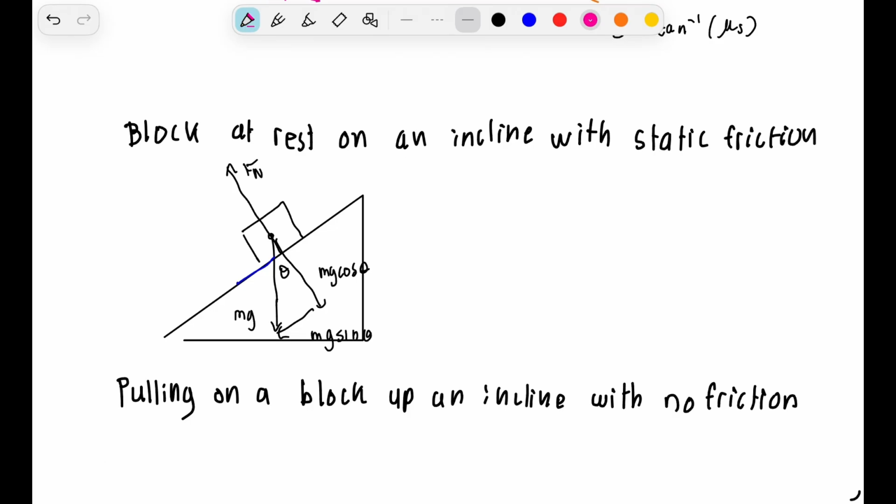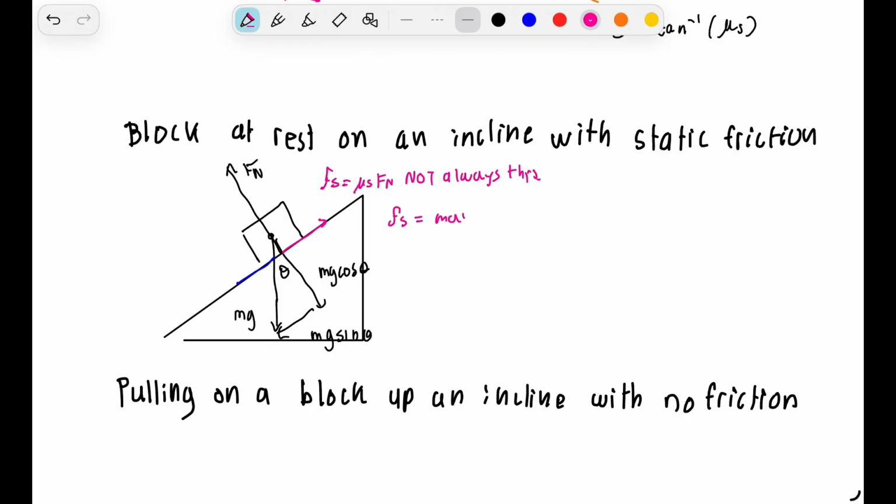So if it's just at rest, we actually have this is what static friction is, but that is not always the case. Because static friction is only going to be maximum.